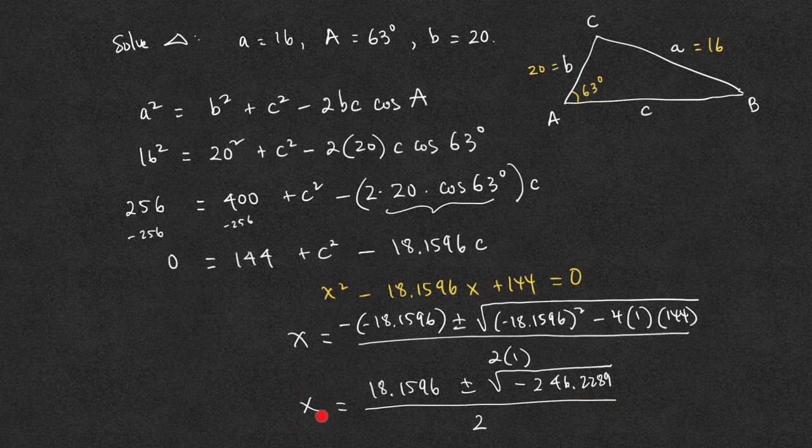The solution to the quadratic equation is the length of side c, and the length of a side of a triangle cannot be an imaginary number. And so we conclude that there is no such triangle in this case. This is the case where we found no triangle because the discriminant is negative in the quadratic formula.